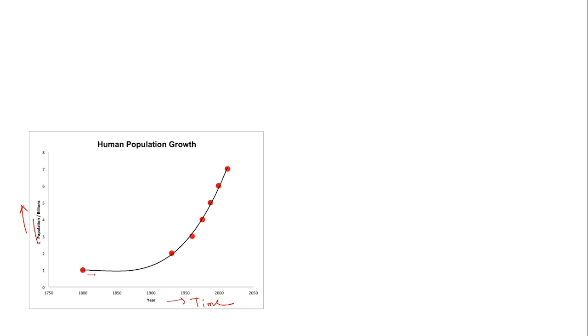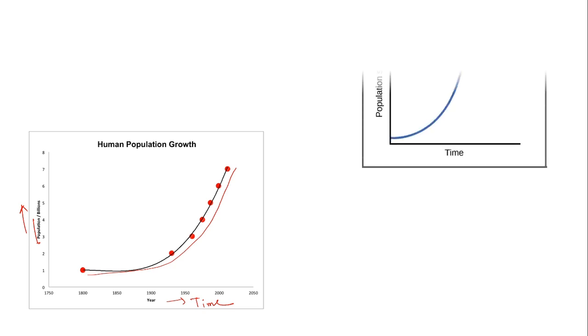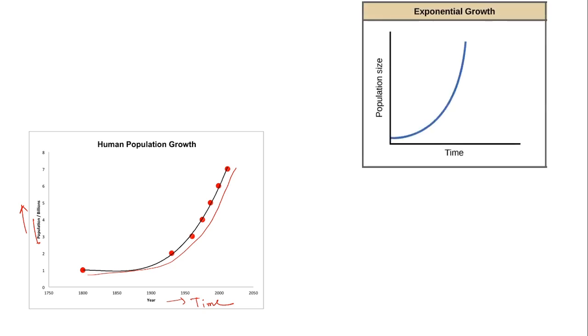After the 18th century you can see clearly how the human population in the world is growing. This is the character of exponential growth, and generally the curve looks like this, in exponential form.